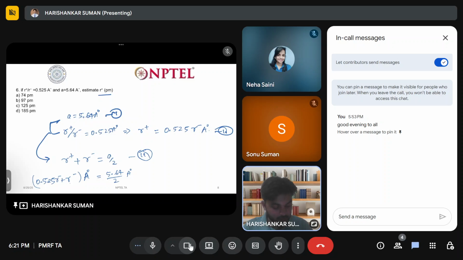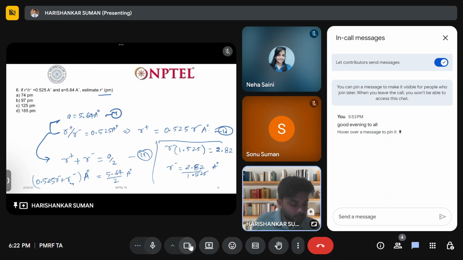I am taking out R minus as common. So R minus will be 282 divided by 1.525.